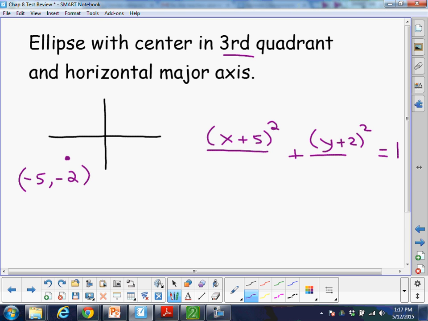In order to make the horizontal the major axis, this number needs to be bigger than this number. Otherwise, this thing would have a vertical major axis if it's under the y. So you pick two numbers, and make the one under the x bigger.